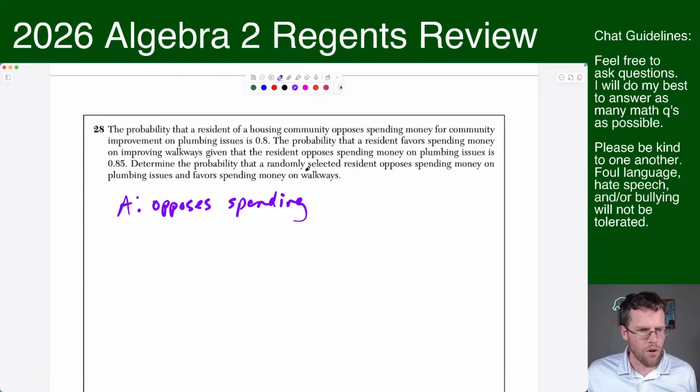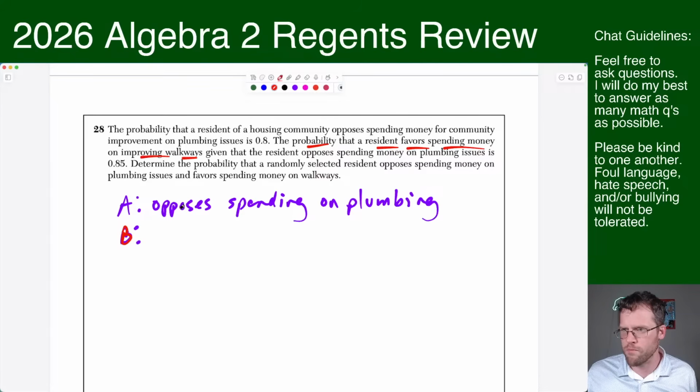And then B is the other scenario, that a resident favors spending money on improving walkways. So B is supports or favors spending on walkways.